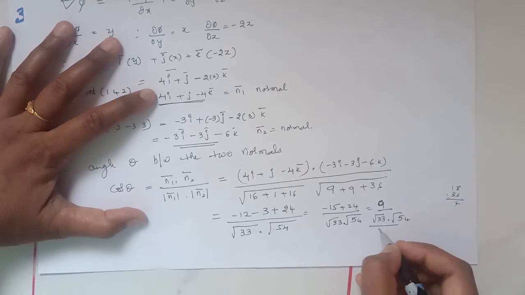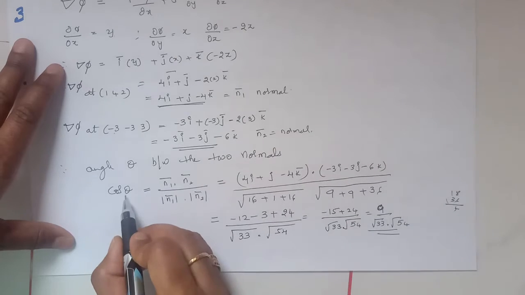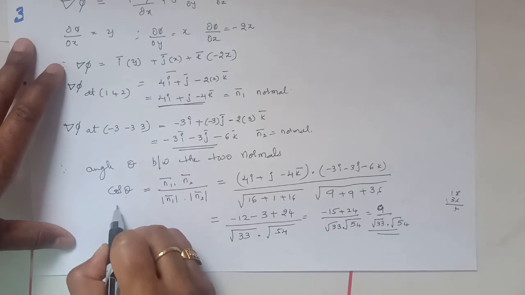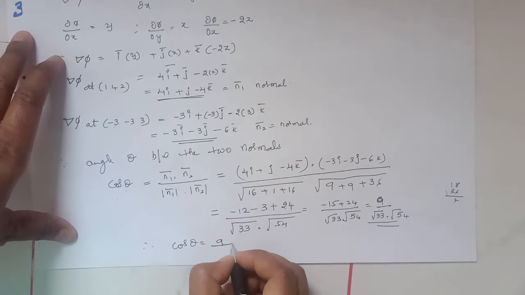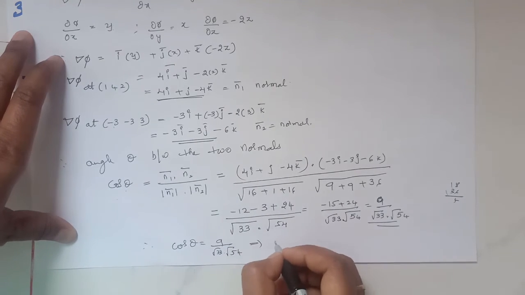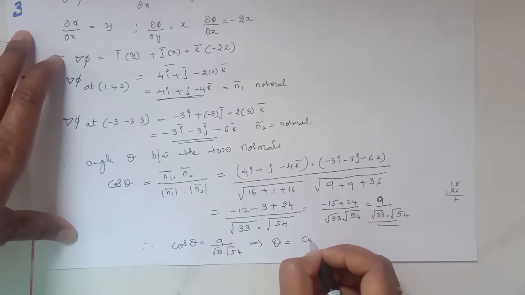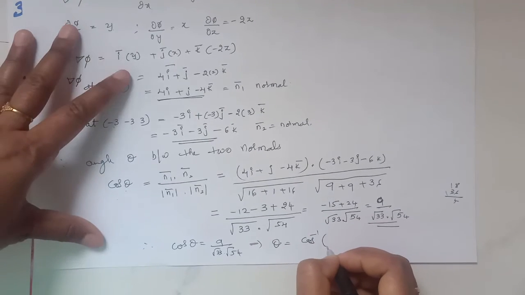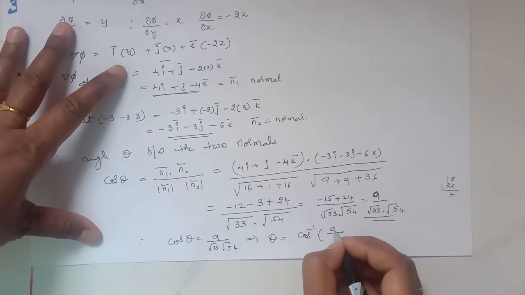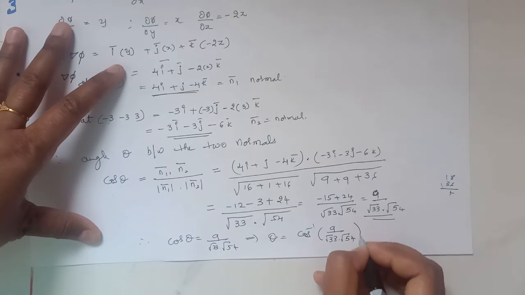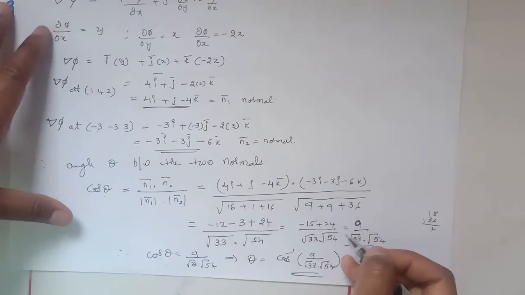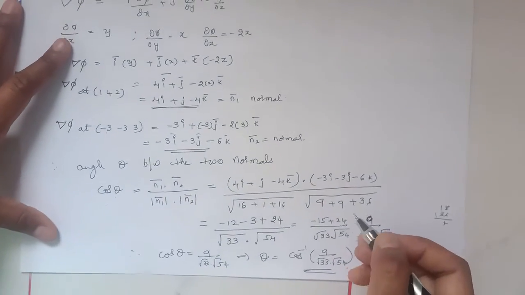Okay, that is cos theta. Therefore cos theta is equal to 9 by root 33 root 54. From this, theta is equal to cos inverse of 9 by root 33 into root 54. This is the angle between the two normals.